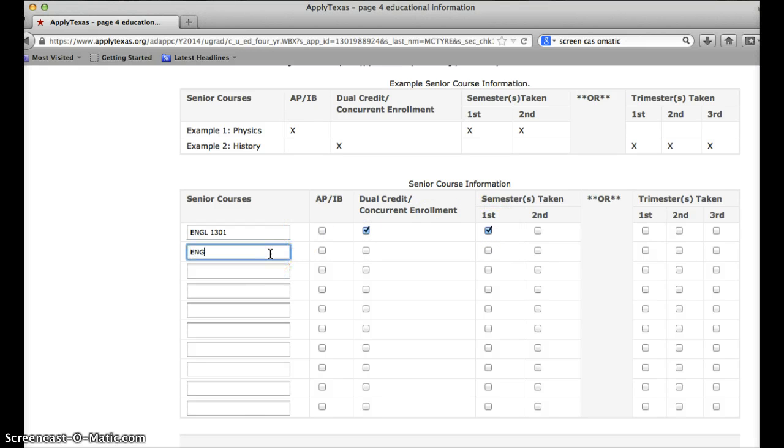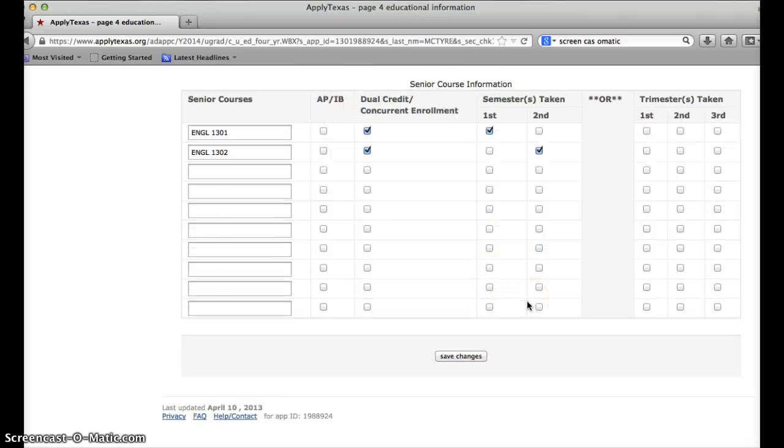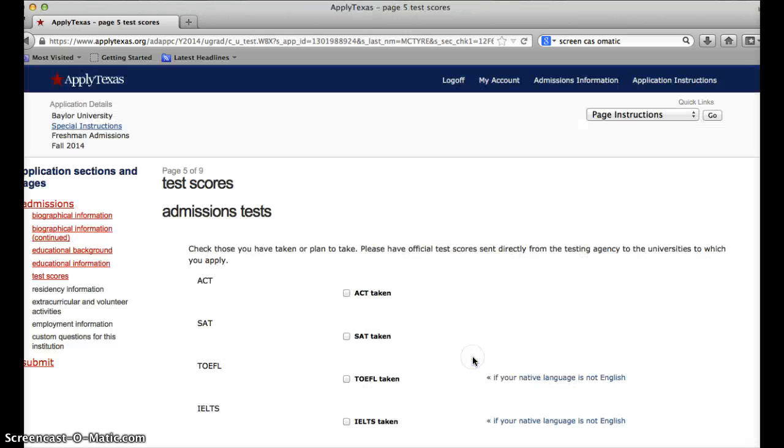And so if you plan on taking English 1302 next semester, you're going to indicate that second semester and that it is dual credit. And then you go ahead and fill in all your other classes. If it's an AP course, please indicate whether you're taking it first or second semester. And we're going to save changes.